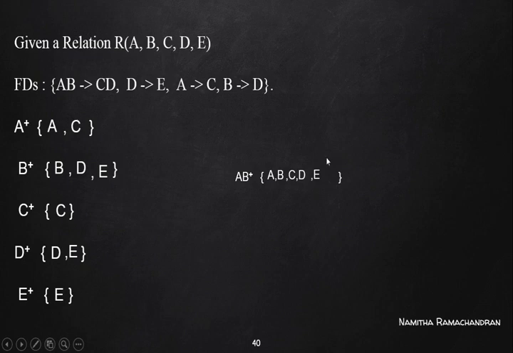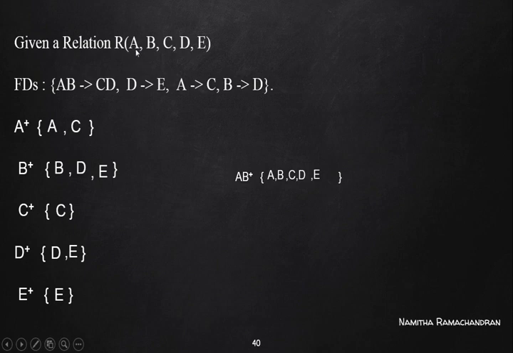Now check, using this attribute set AB, it is clear that we can derive all the attribute values of the given relation R. Is it correct? Because R has how many attributes?